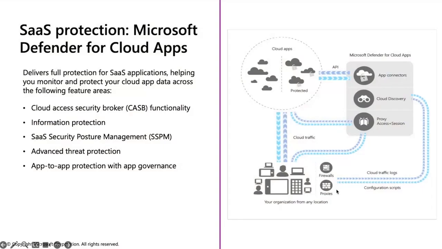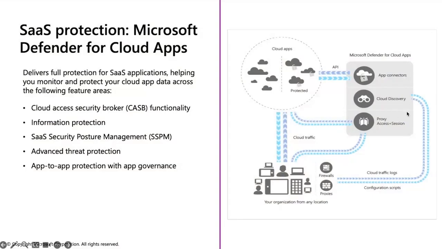We can also upload firewall or proxy logs and analyze this information. Basically, this comes under cloud discovery. So we can go for this option. We can analyze this and see what kind of applications are safe and what kind are not safe based on the application risk scoring.